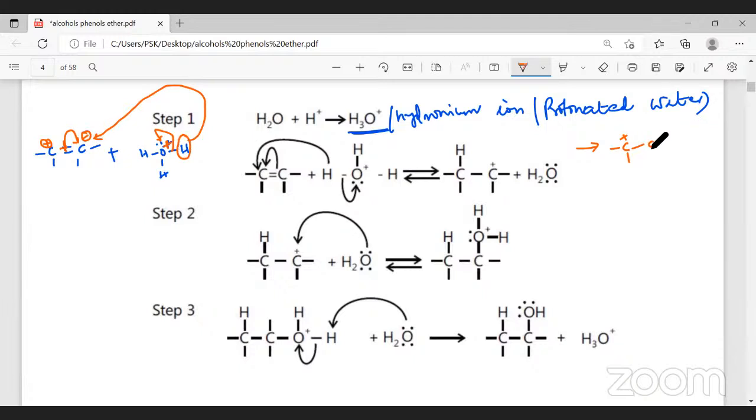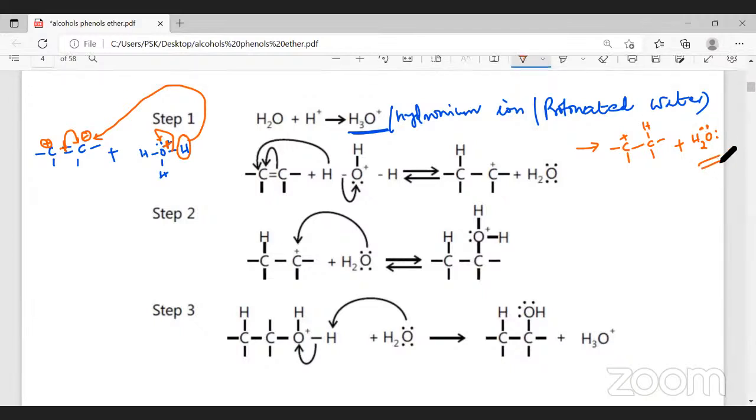Therefore, we get CH3, CH2 plus, since already the 2 bonds existed. This is nothing but a carbocation. Plus, what's the byproduct here? Since this bond is shifting towards oxygen, you get water, H2O. Now, oxygen will have 2 lone pairs of electrons. Initially it has only 1 lone pair. Since this bond is shifting here, water will gain 2 lone pairs of electrons. This is nothing but water. Did you understand the first step?